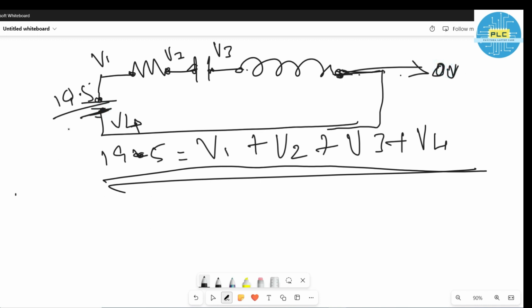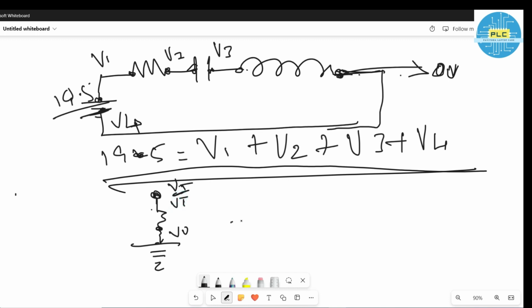That is also a circuit theory. For example, in a simple circuit, if a resistor is connected to the ground, here there is only a voltage V, because there is no other component, so we will consider it as V1 or V total. From here to here the voltage will be 0. From here to here the voltage will be V total.